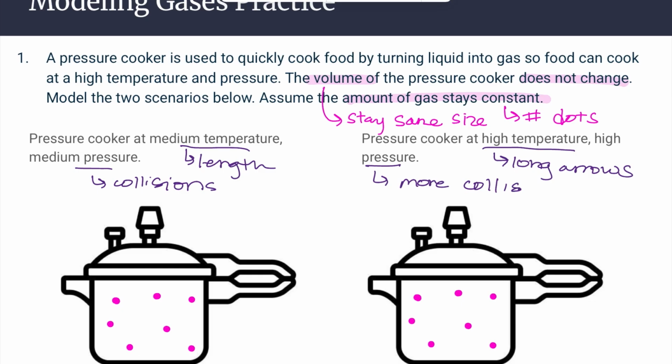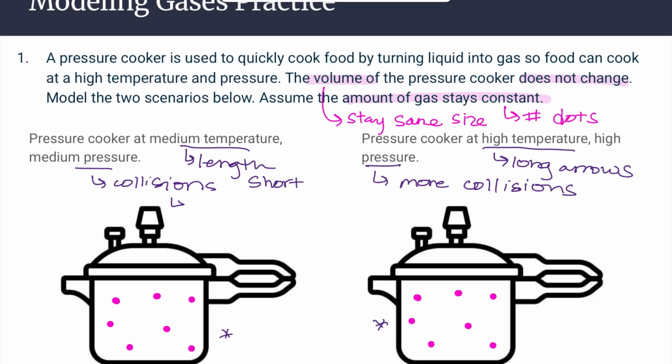And so as I'm looking at these, I don't need my models to have the perfect length or perfect number of collisions. But if I know I'm going to have more collisions and longer arrows later, that means for this first one I'm going to make the arrows relatively short just so I can compare my start to my end.